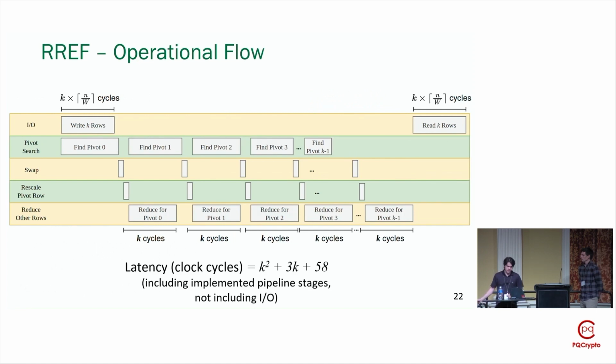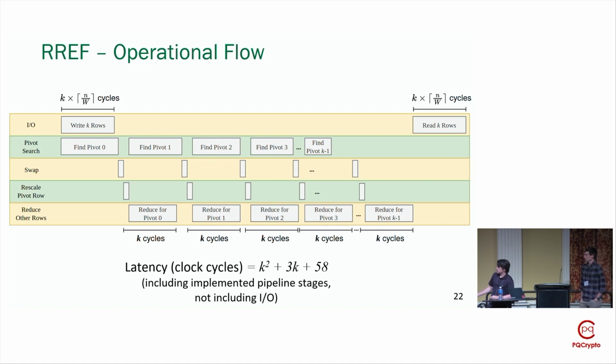So to describe the scheduling of how we achieve those optimizations. First, while we're loading the matrix into the internal memory of the RF module, we can perform our first pivot search. Because each row is going to get loaded in, so we might as well search for the pivot while we're there. And since we need a constant time search, we technically need to scan the entire search area, even though most of the time you'll probably find it in the first column.